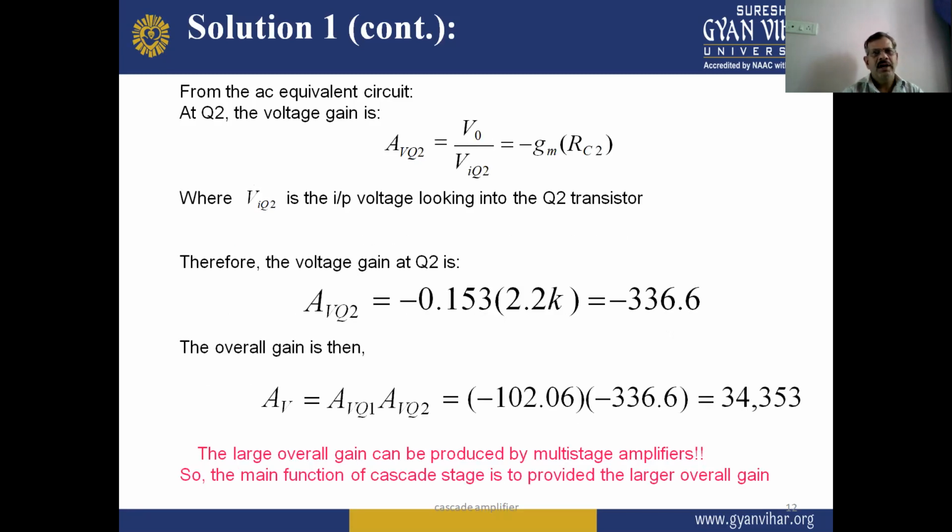Next, from the AC equivalent circuit at transistor Q2, the voltage gain is Av Q2 equal to V naught upon Vi Q2 equal to minus gm RC2, where Vi Q2 is the input voltage looking into the Q2 transistor.